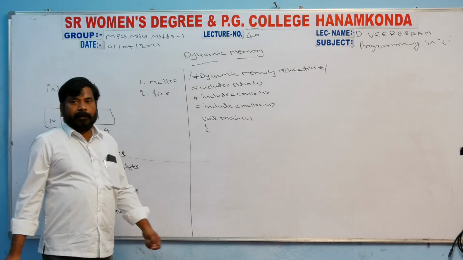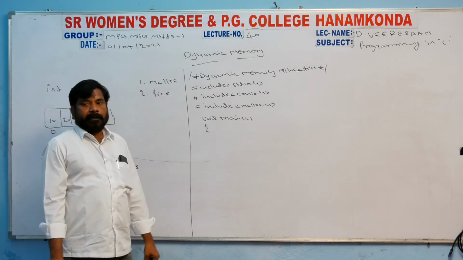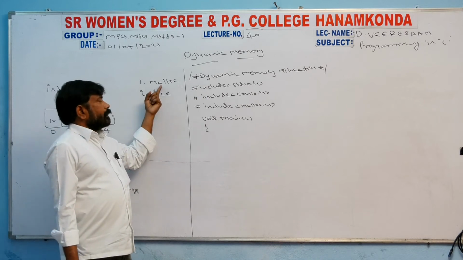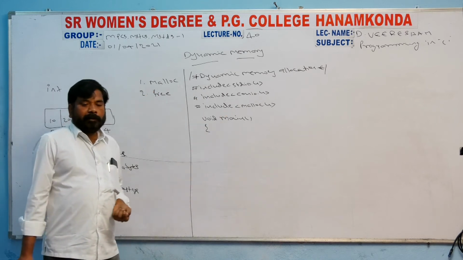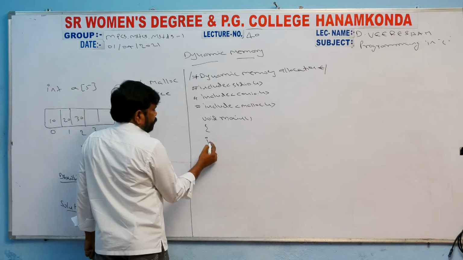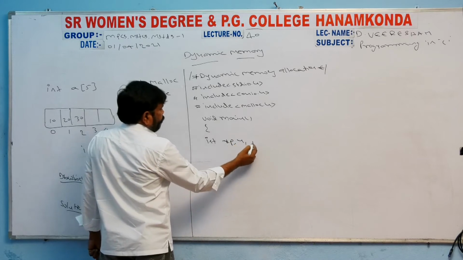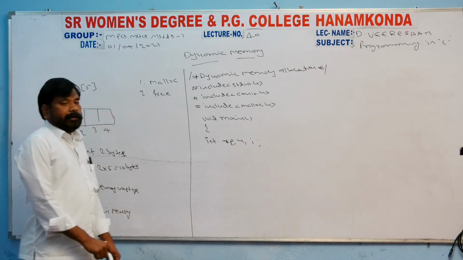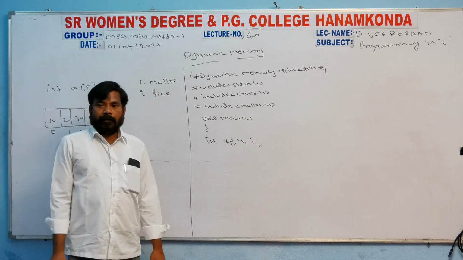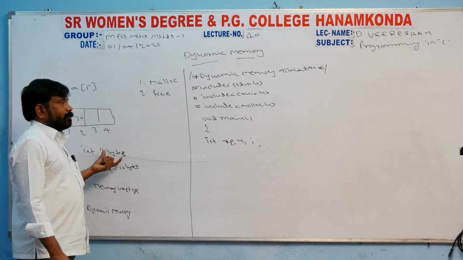In this case, you have to remember another header file, that is include malloc.h. Why? Because this function is defined in the header file malloc.h. Then integer, you have to declare one pointer variable. Then however many variables you want, like that. So see, star p, comma n, comma i. So already I said that we have to use the pointer variables.